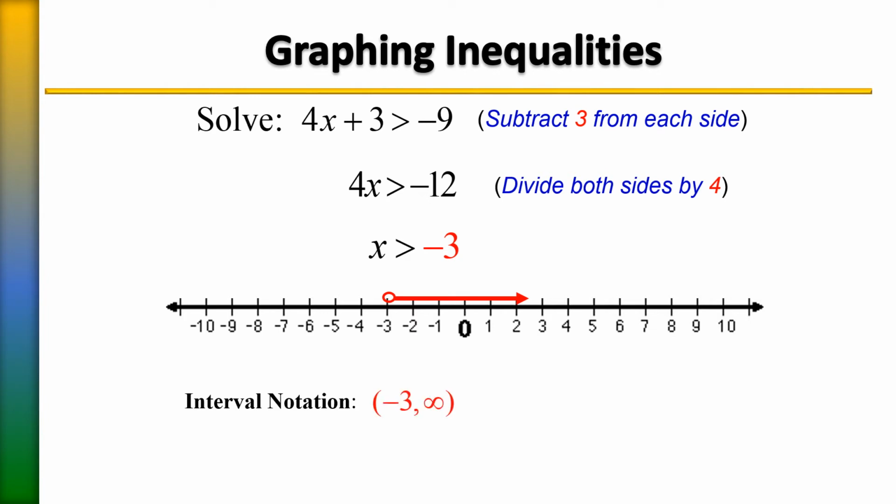And remember, infinities are always closed with a parentheses. And so that is how you would write it in interval notation form. Again, parentheses, -3, comma, positive infinity, close parentheses. And there you have it. That is how you would solve and then graph a regular inequality.